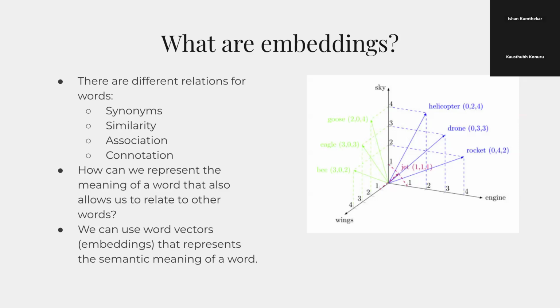In a vector space, the vector of a word represents semantic meaning in a way where you can take the cosine similarity of two vectors and get a value that represents their similarity. So the cosine similarity of helicopter and drone will be greater than helicopter and bee, for example. This is a big advantage of using vectors to represent words.